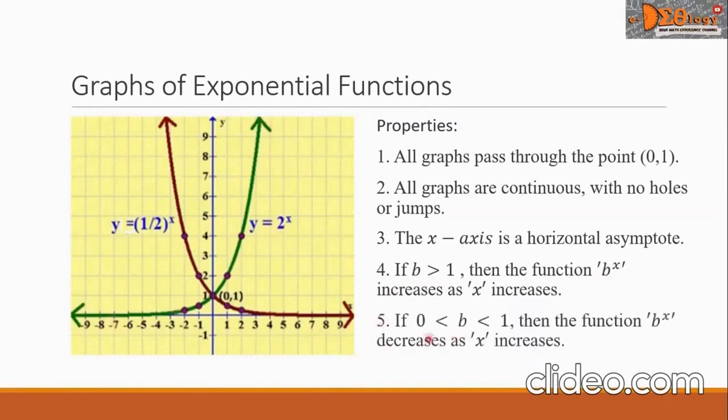If b is between 0 and 1, then the function b raised to x decreases as x increases. This is an example of a graph for property number 5. Property number 6, the function f is 1 to 1.